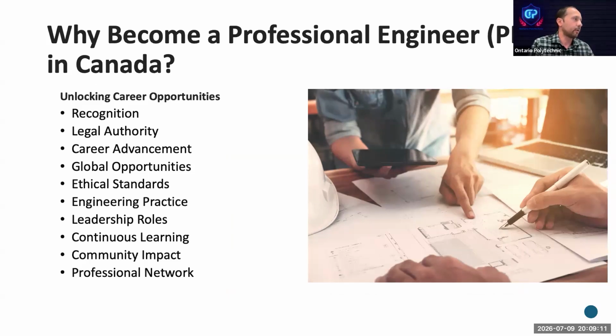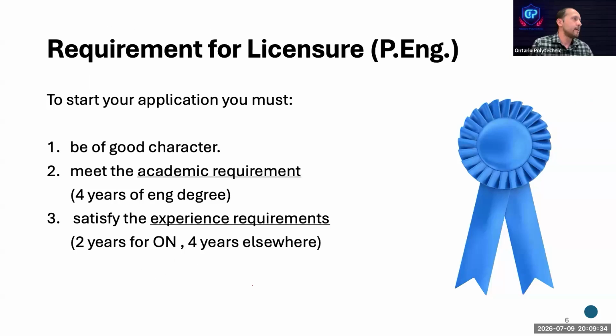You have the recognition and the authority to sign and stamp documents. Also, based on the surveys that associations release every year, you should expect a 25 to 35% jump in your salary as soon as you get your license as a professional engineer.